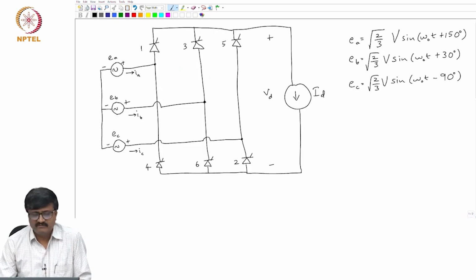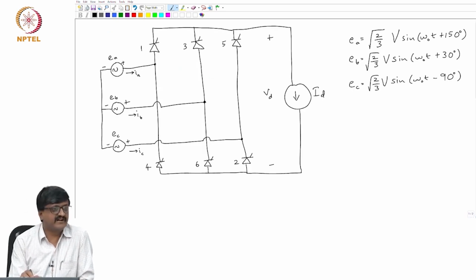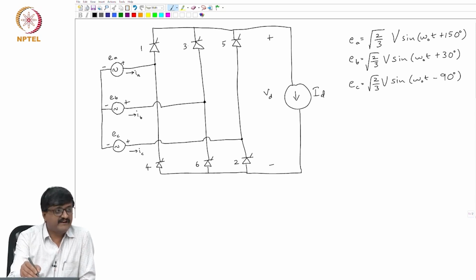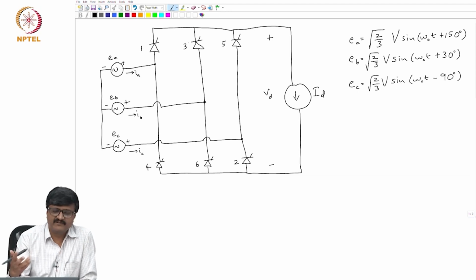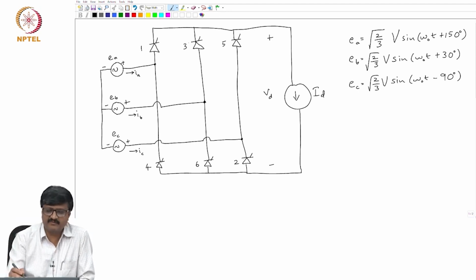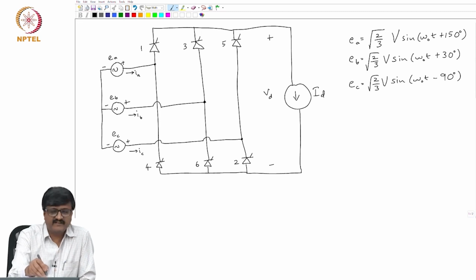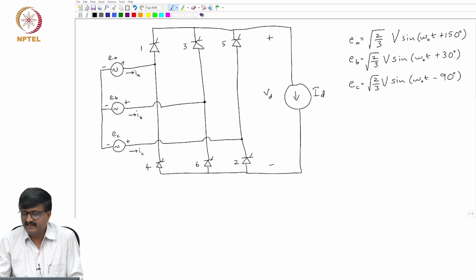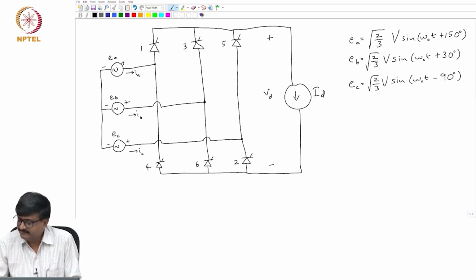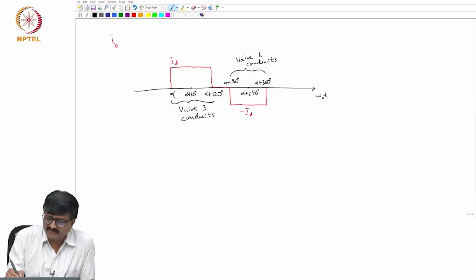When 2 is turned on, obviously 6 is not conducting. Is there a possibility of 3 conducting? At any instant, 2 thyristor valves are conducting, one from the upper commutation group, one from the lower commutation group. So, when 2 is turned on, 1 is conducting. 1 and 2 conducting means neither 6 nor 3 is conducting. So, IB is 0.